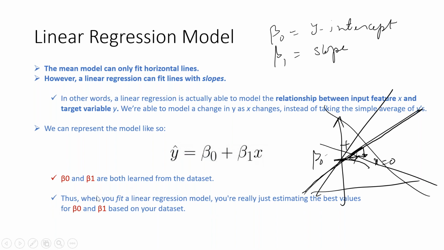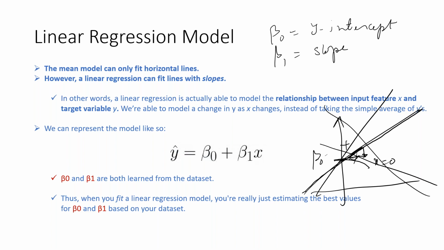Thus, when you fit a linear regression model, you are really just estimating the best values for beta 0 and beta 1 for your given data. Okay, so your data is read, and the algorithm will run through various lines of various slopes and finally stops at a line where the sum of squared distances, that is sigma i equal to 1 to n, (yi minus yi hat) squared, is the minimum.